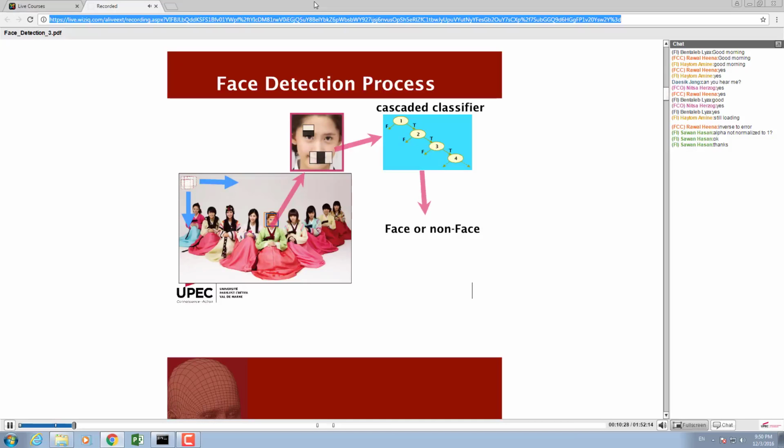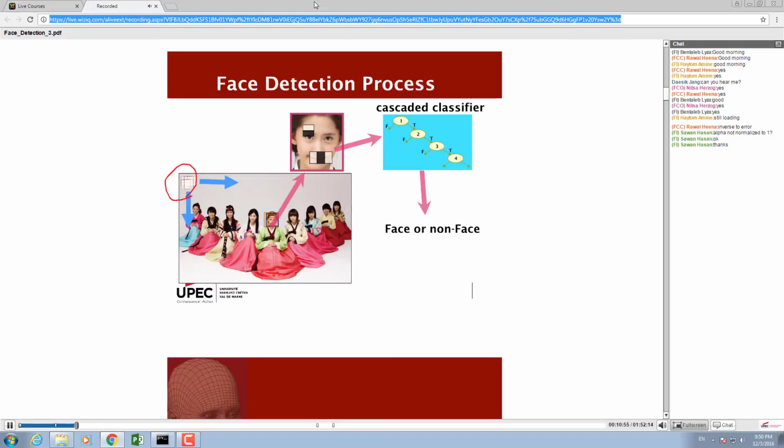To understand cascaded classification, first we have to understand the scanning process for face detection or object detection. This is a very typical way, not just for this paper, but for many cases. When we want to detect any object in the image, the typical way is to scan windows. Here the window means a small rectangle.